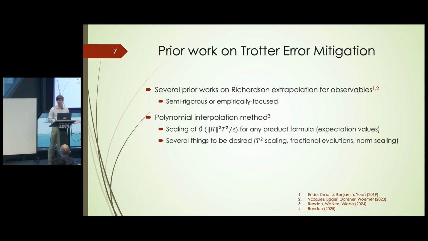Our scaling with simulation time, capital T, is quadratic regardless of the order of the formula. In contrast, for higher order regular Trotter, you get something like T to the 1 plus 1 over p. So as you increase your formula degree, you get closer and closer to linear scaling, which is the optimal.